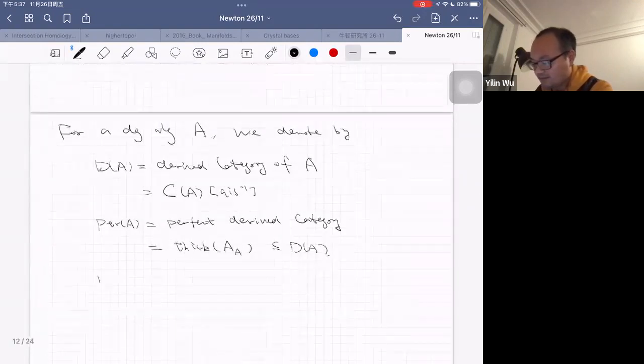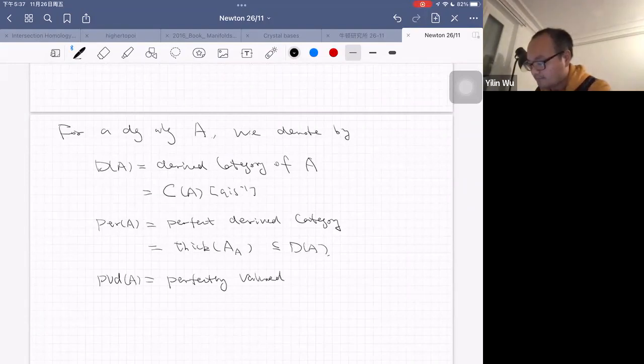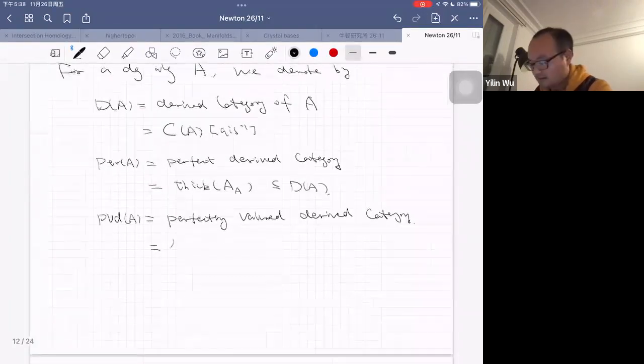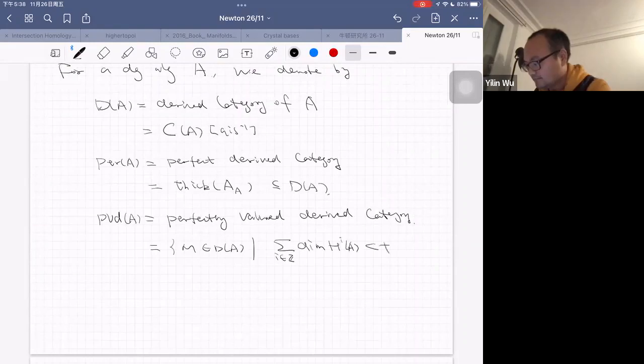We also have the finite-dimensional valued derived category. These are the objects in D(A) whose total dimension is finite. In other words, they are perfect as K-modules.